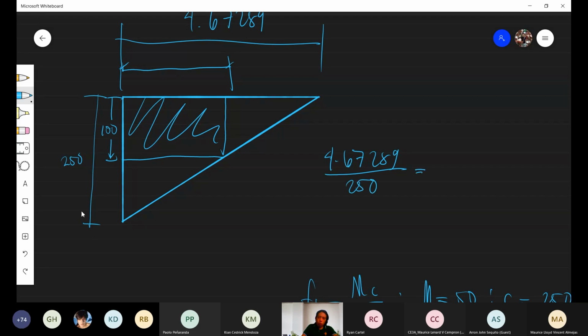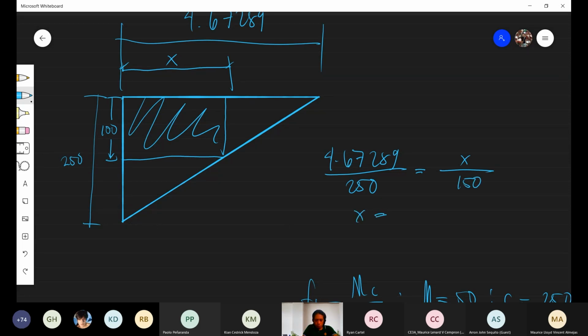This should be equal to, using the small triangle naman, ini nga distance, which is this distance. Let's denote it as x. So x over, using this small triangle, adding a distance, that is 250 minus 100, that is 150.